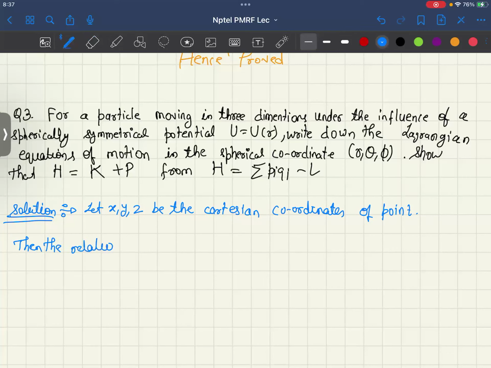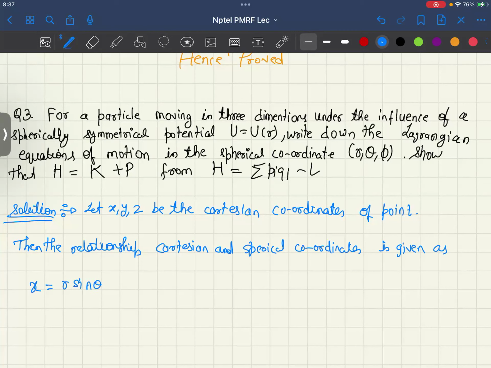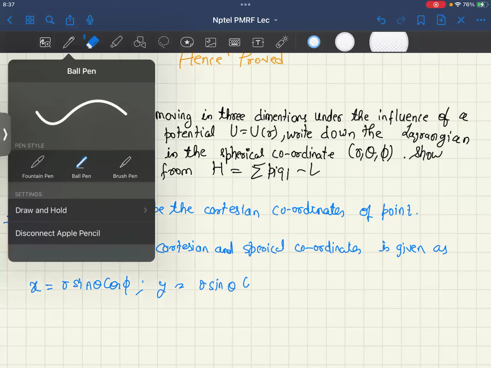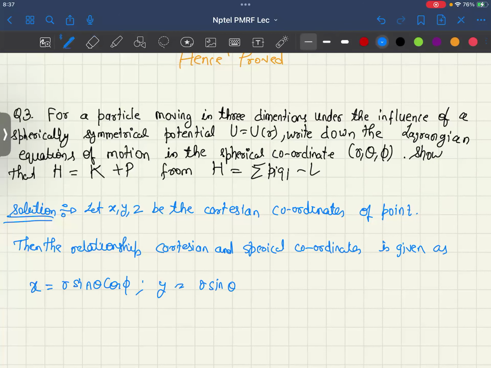Then the relationship between Cartesian and spherical coordinates is given as x equal to r sin theta cos phi, y is equal to r sin theta sin phi, and z is equal to r cos theta.